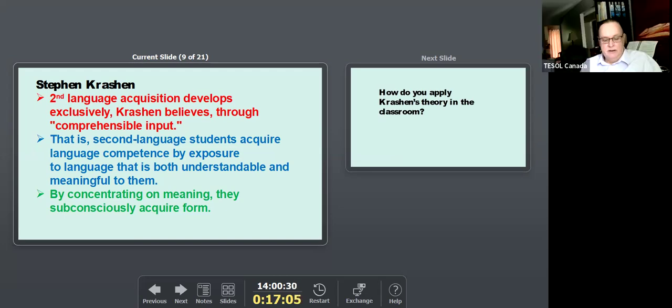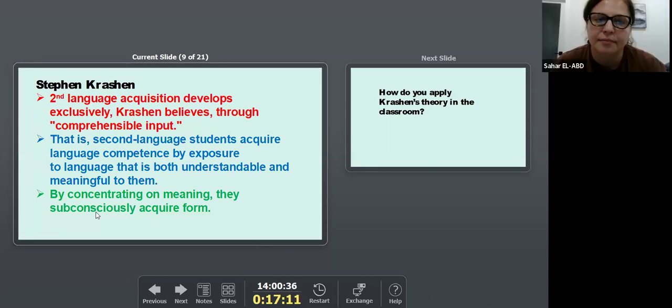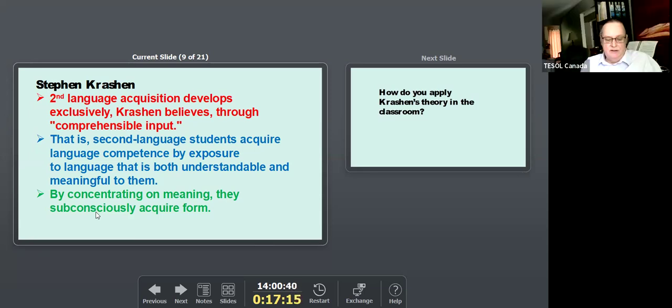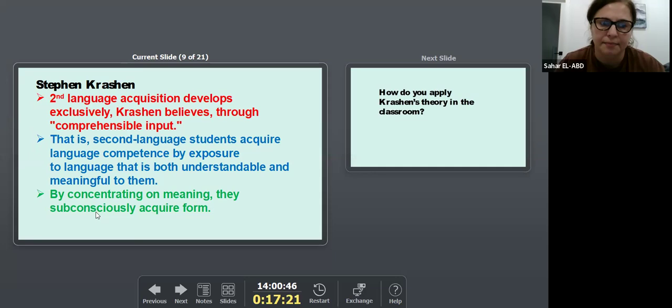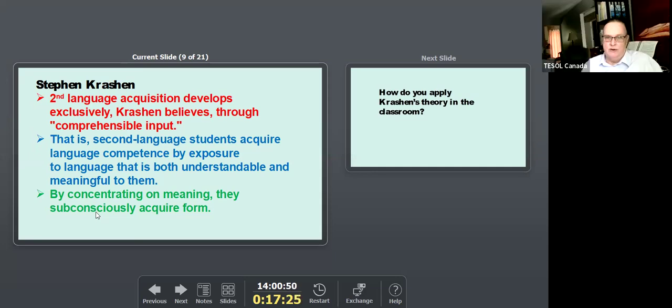Right. And that connects to this final point on this slide from Krashen: concentrating on the meaning of words. That's partially achieved by showing an object to a student, letting them hold an object or play with the object in order to understand it and have a meaning of it.